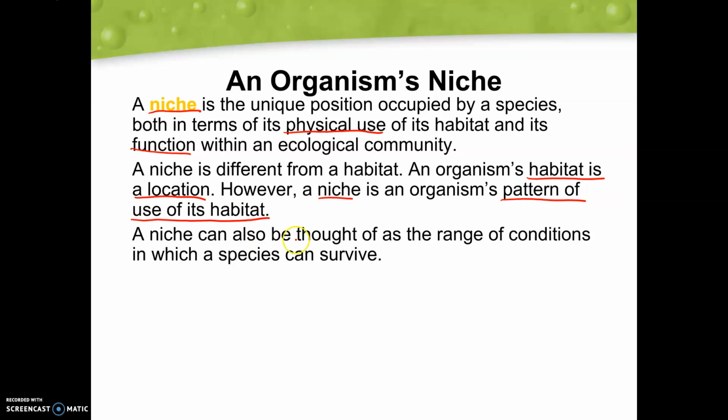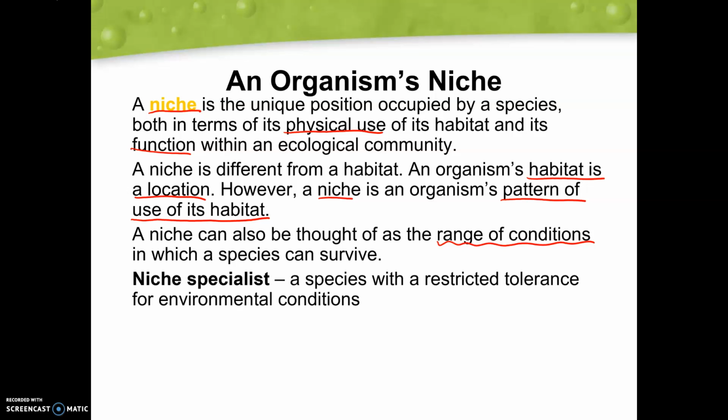So remember, we can also think of it as adapting through a range of different conditions in which that species can survive. The habitat really isn't changing that much, but it's how that organism is using that habitat. And there are sometimes niche specialists, where they are restricted to the tolerance of these environmental conditions.